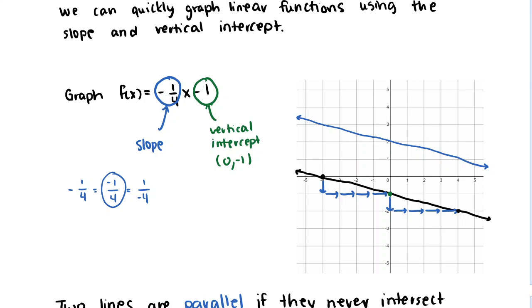And you might notice here that really these two lines have the same steepness, or they ought to have the same steepness for them not to cross. And so really, for two lines to be parallel, they should have exactly the same slope.